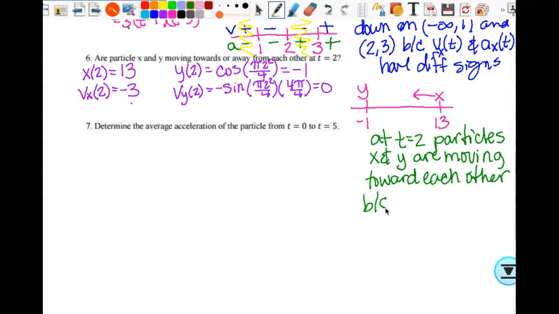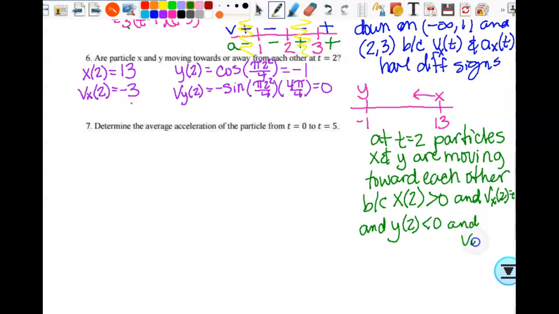Because we found out that x of 2 is positive. That's all we really cared about, or, I mean, we cared about the location there. And the velocity of x at 2 equals 0. And y of 2 is less than 0. And v sub y of 2 equals 0.